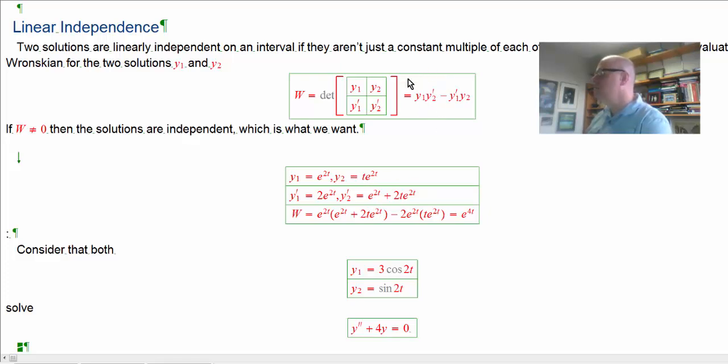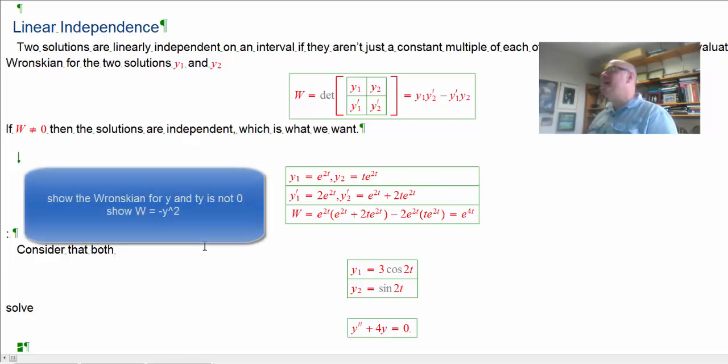But I don't need the Wronskian in that case. I would just look at them and go, oh, the solutions are the same. They're obviously the same. That said, whenever we want to prove that solutions are independent or dependent, the Wronskian's probably the best technique.